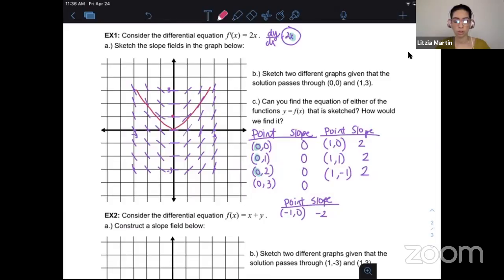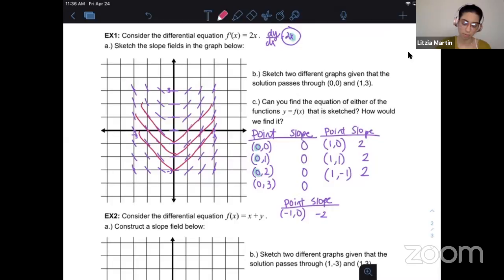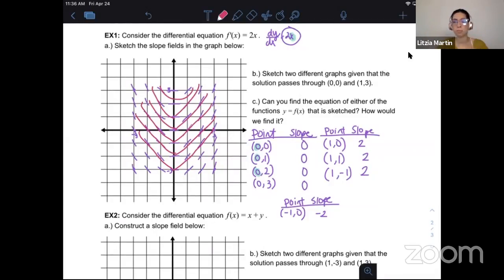So hopefully what we're seeing here is that there are lots of possibilities of parabolas. Actually, I'll draw in all these possibilities here. The only difference is a vertical shift, right? Before we jump into that, sorry, I'm skipping ahead.